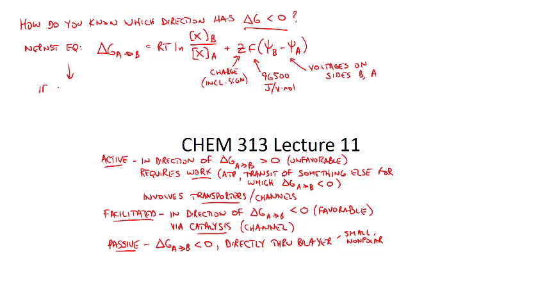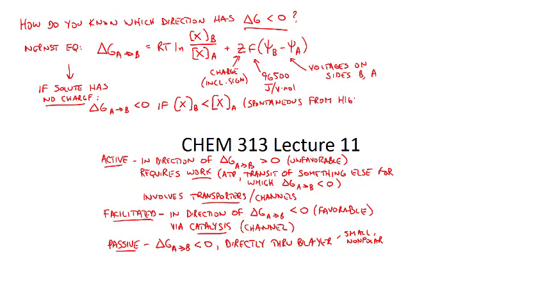If you're talking about a solute that has no charge, so it's not an ion, delta G of transit from A to B will be negative if the concentration on side B is less than the concentration on side A. So in other words, it's spontaneous to go from high to low concentration. Exactly how spontaneous, you have to do the math.